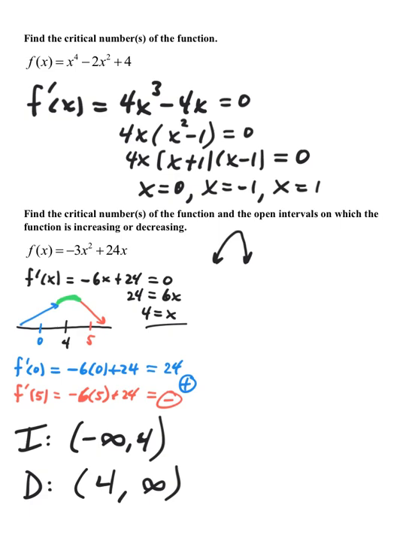Let's look at the next example. It's going to be just a repeat example of this type where we find critical numbers and the open intervals on which the function is increasing or decreasing. So when you're asked to find that, the first thing you go after is your critical numbers. Our first derivative is 3x squared minus 3.